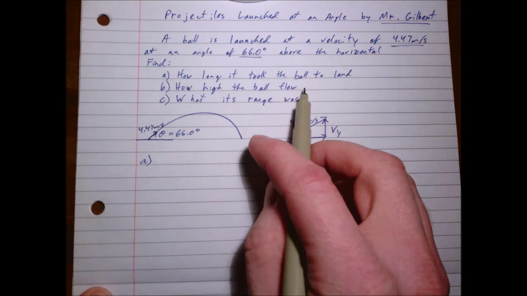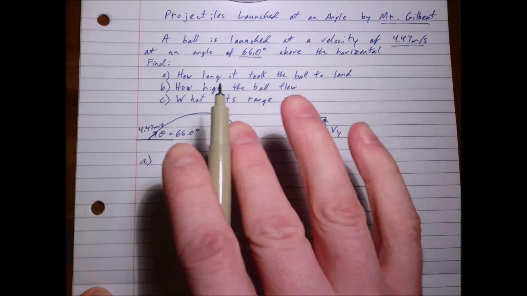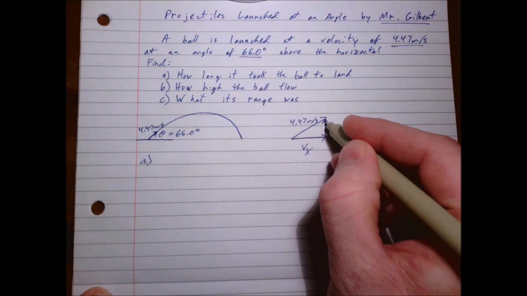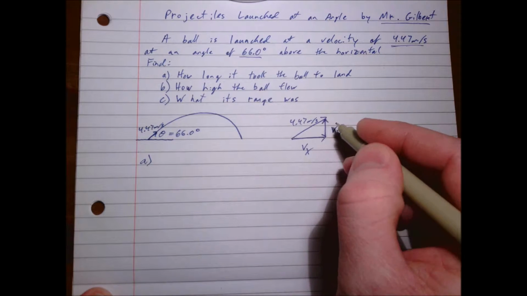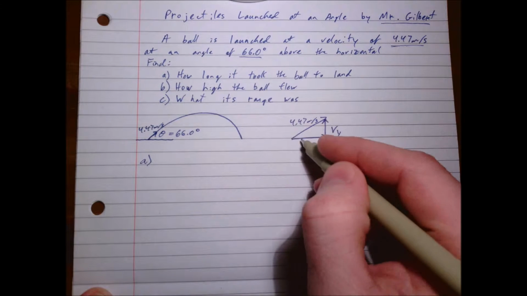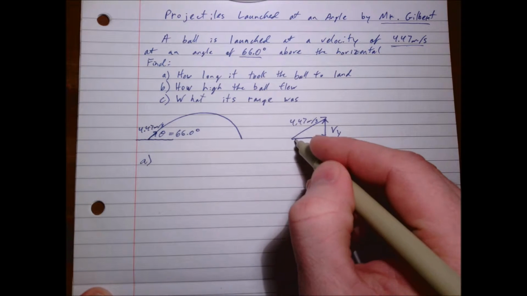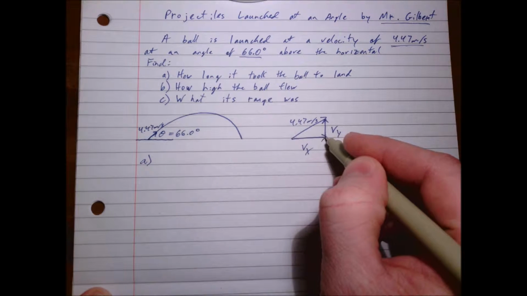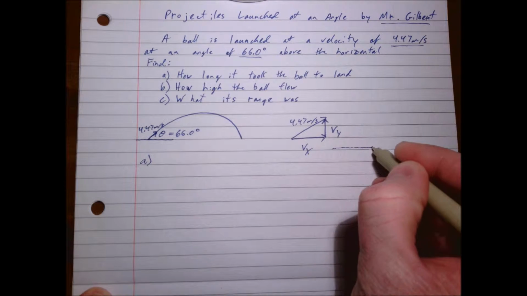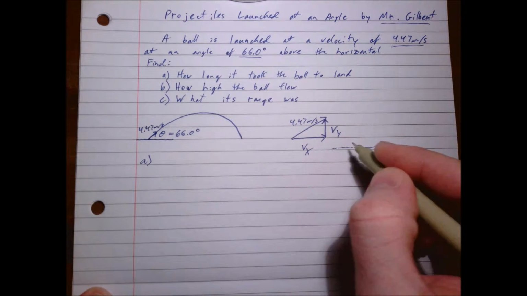The time that it takes the ball to land is completely based on the vertical component of the initial velocity. The reason being is that once we separate them, we look at them separately. The horizontal component is basically just the ball rolling along the ground.